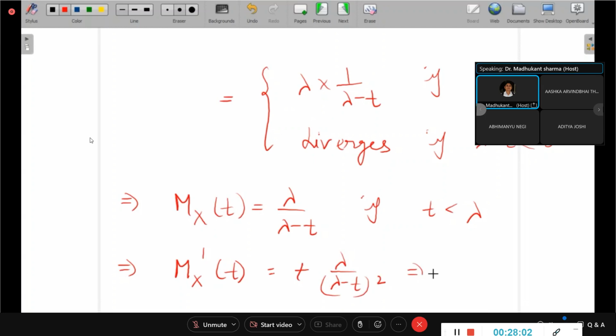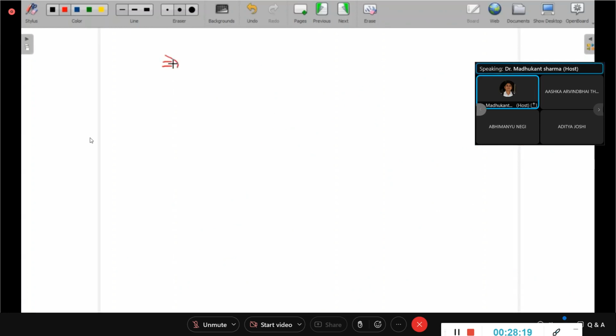So M_X dash at 0 equals lambda by lambda square, which is 1 by lambda. M_X dash at 0 is the mean, so the expectation of X equals 1 upon lambda. For an exponential random variable, the mean is 1 upon lambda.